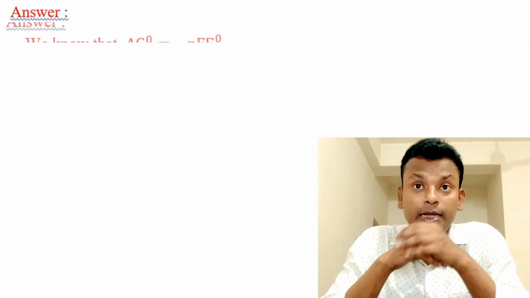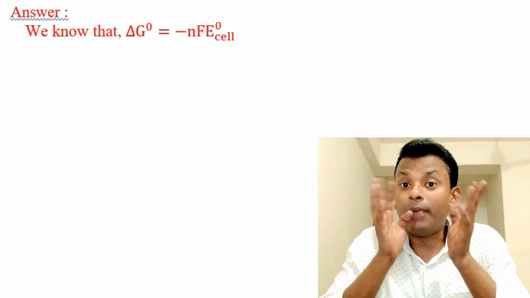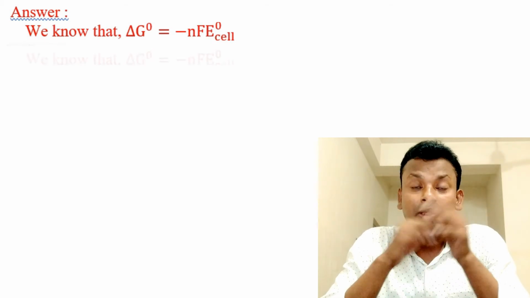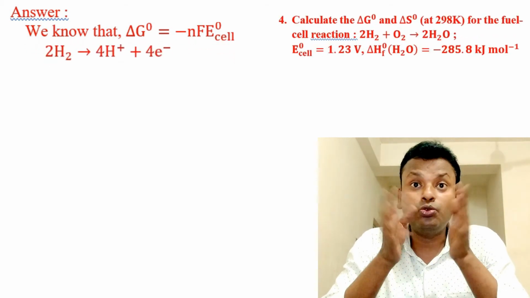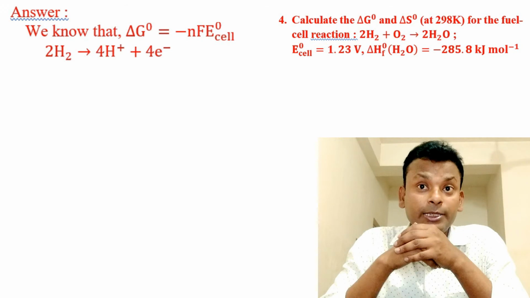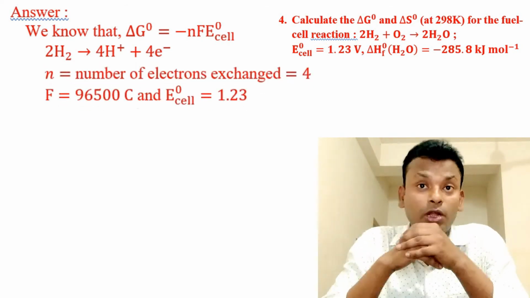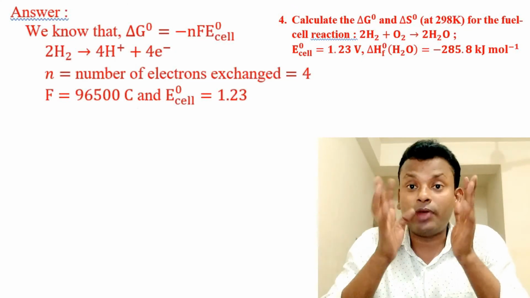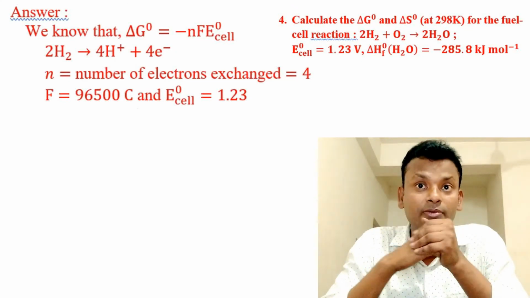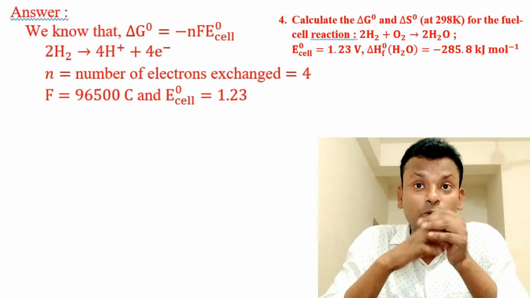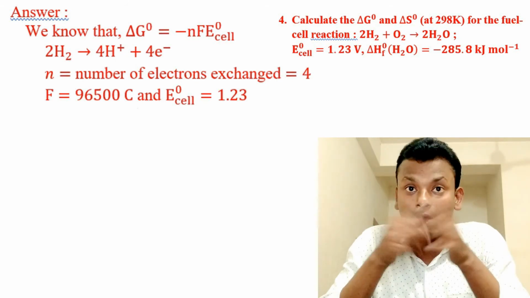Answer. We know that del G0 equals minus nF E0 cell. Here reaction equals 2H2 gives 4H plus plus 4 electron. n equals number of electron exchange equals 4. F equals Faraday, that is 96,500 coulomb. E0 cell equals 1.23 volt.